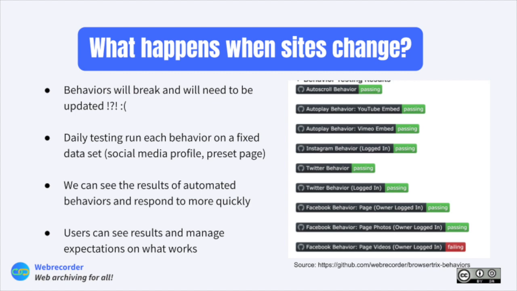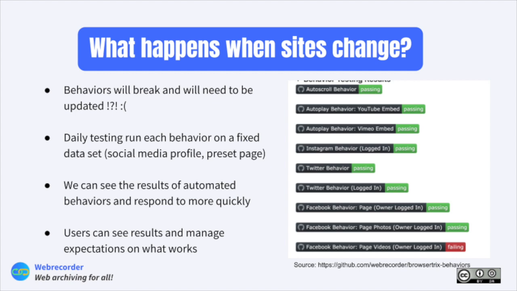In fact, just yesterday we noticed that the Facebook videos behavior broke, and that tells us that capturing the videos might not work as expected. I noticed that, for example, the videos don't move from one video to the next as quickly as I expected. So I need to look at it again and figure out what's breaking.